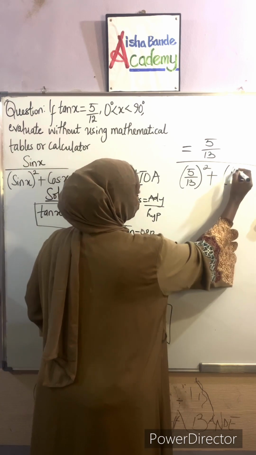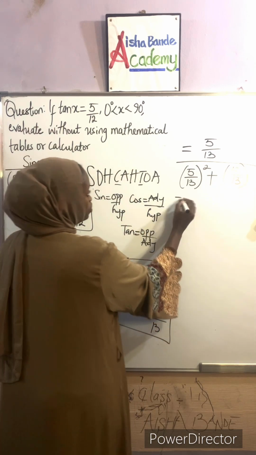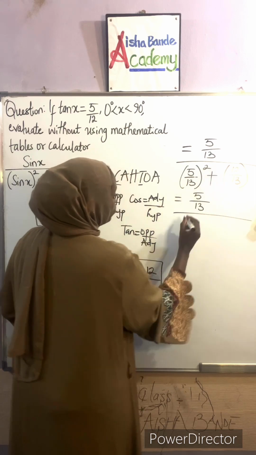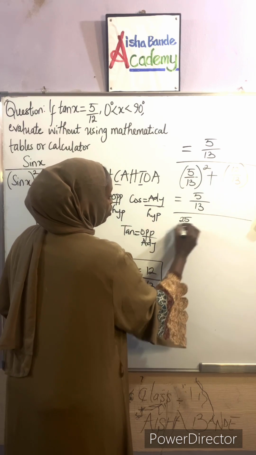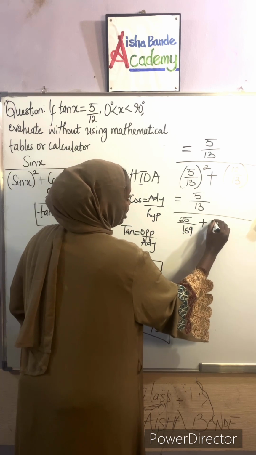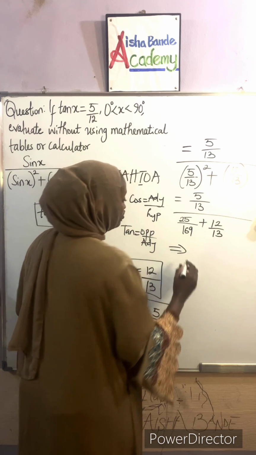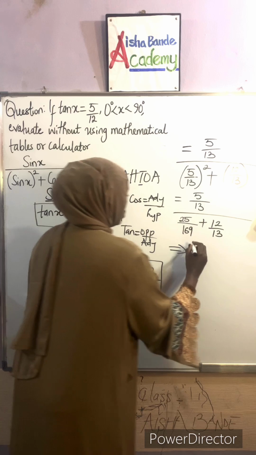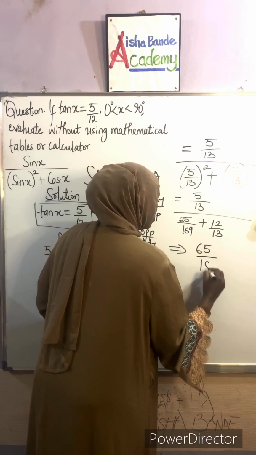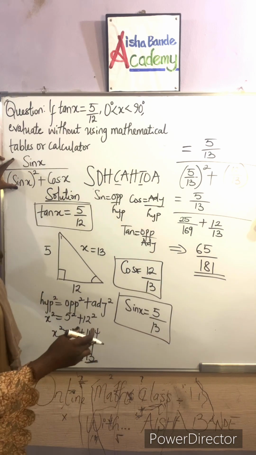So simplifying further, we are going to have 5 over 13 all over 5 squared here gives us 25, all over 13 squared gives us 169, plus we have 12 over 13. So simplifying this gives the final answer, which gives us the value of 65 all over 181. So this is the final answer after evaluating this.